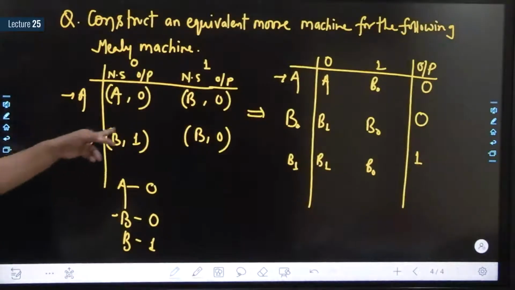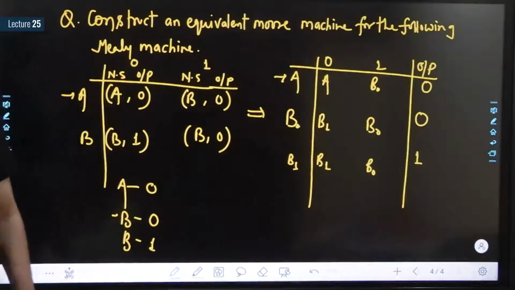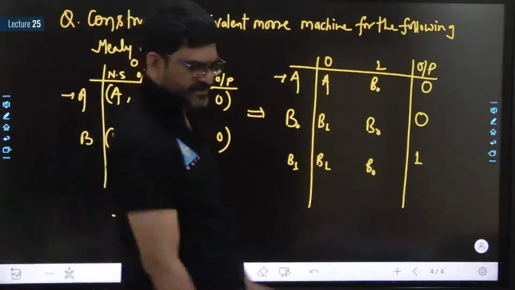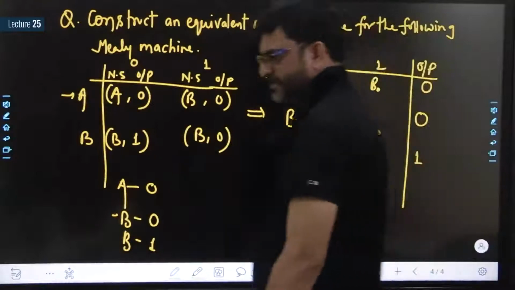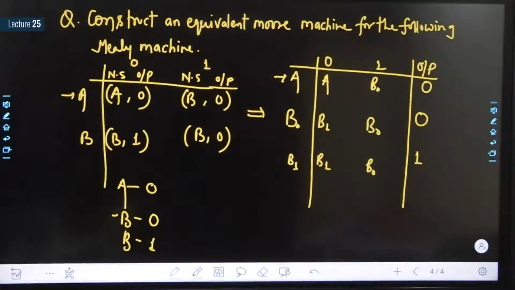See, the number of states has increased. How many states increase? First you note this. After that I will give you one point.